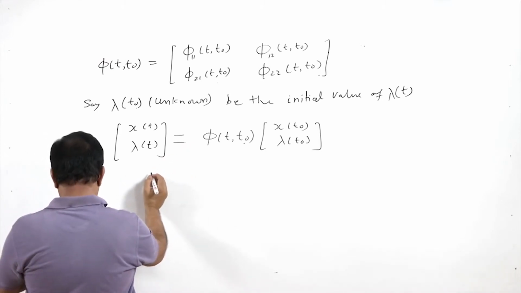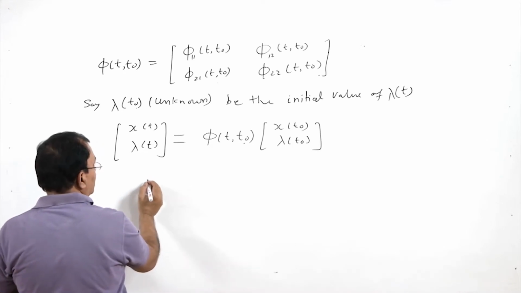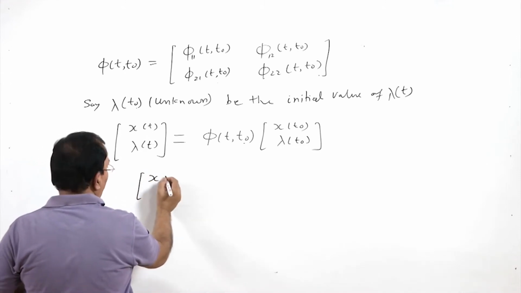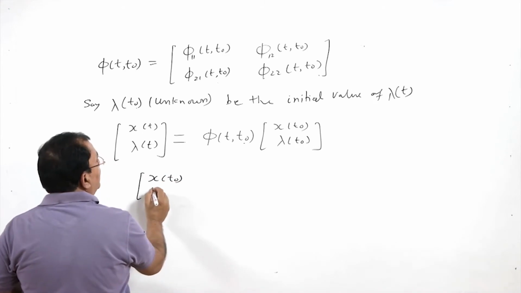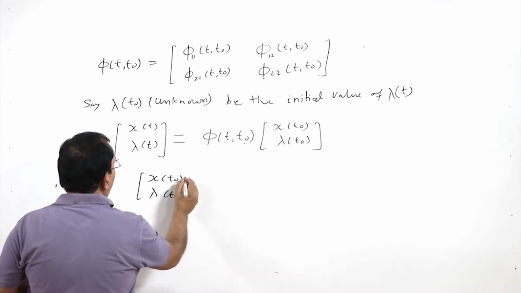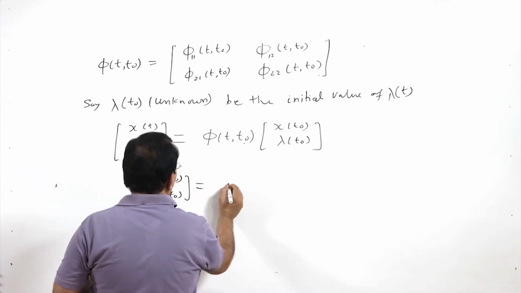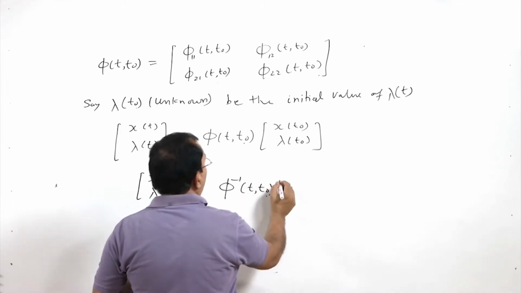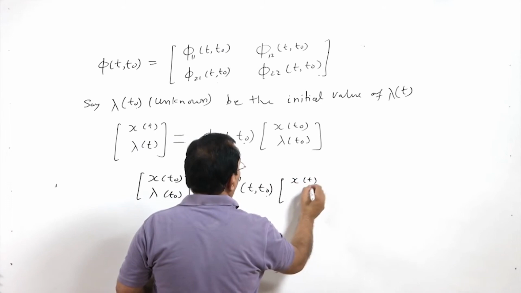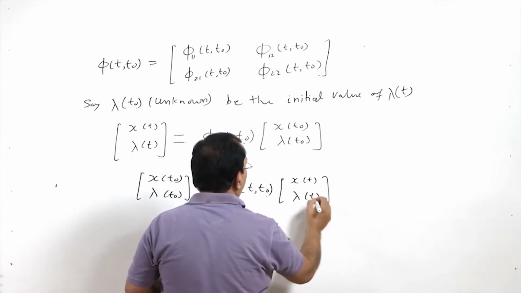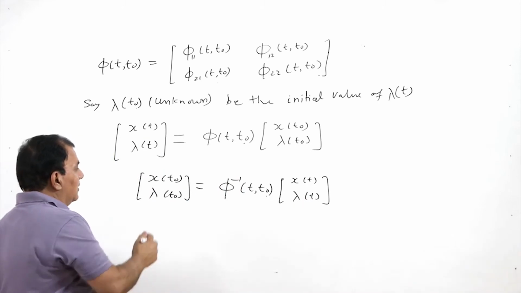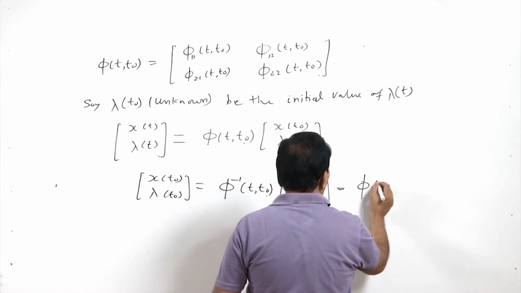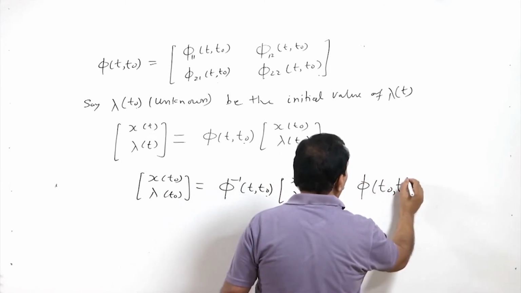By this, if I determine the initial condition x(t0), lambda(t0), it is nothing but my phi inverse(t, t0) times x(t), lambda(t), and phi inverse(t, t0) I can write as phi(t0, t).